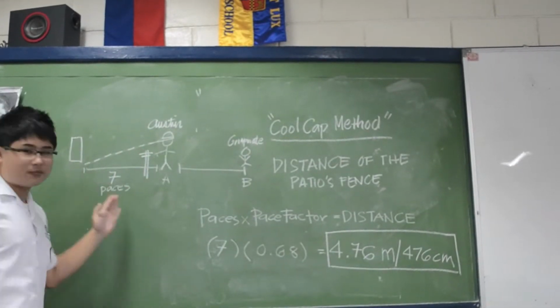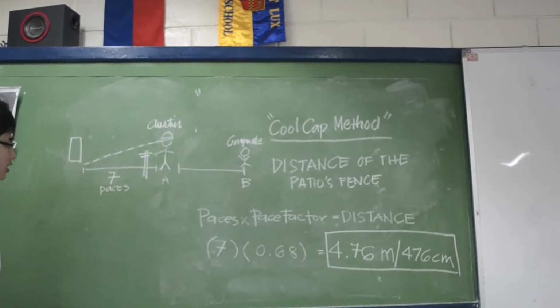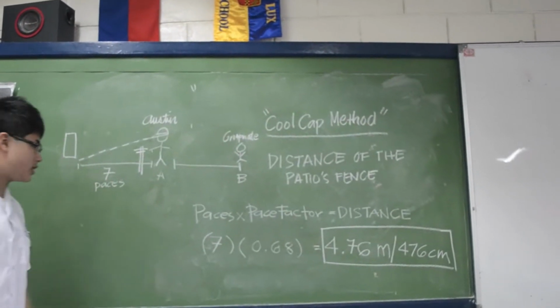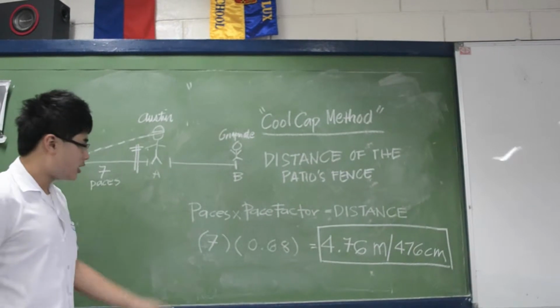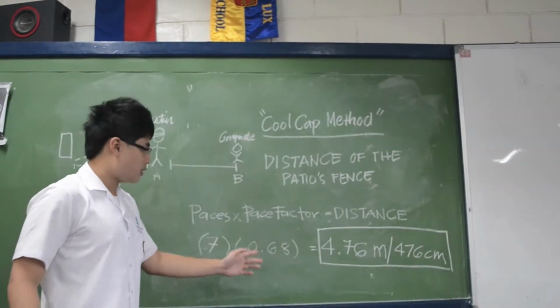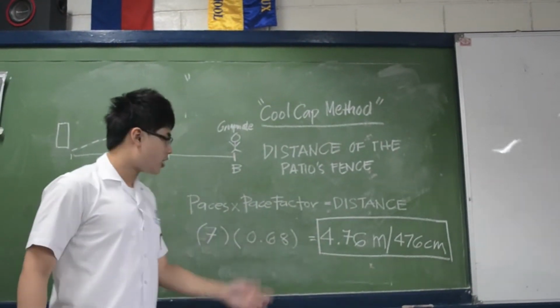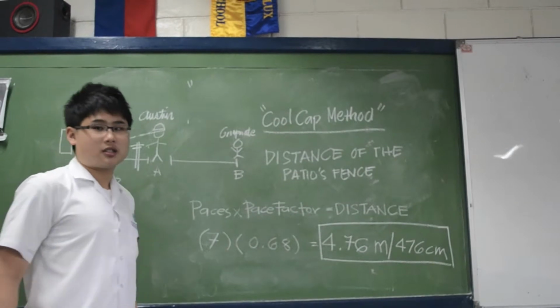So on the other side, there's also 7 paces. So finding the distance of the patio fence is the paces, which is 7, times the pace factor, 7 times 0.68 equals 4.76 meters or 476 centimeters.